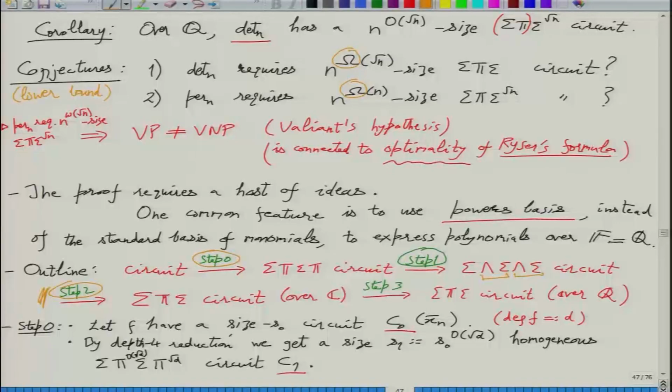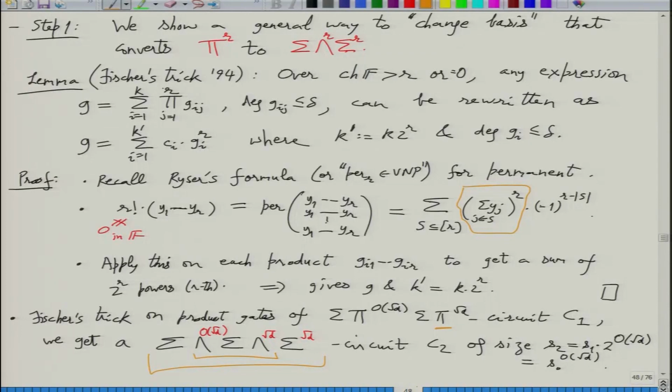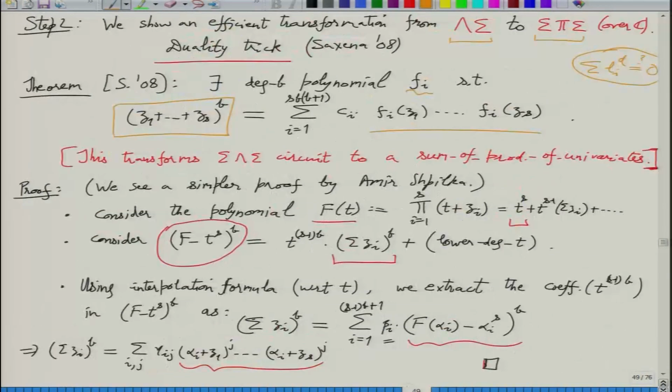Okay, so let us go slowly through this step, and then how this is used. So we want to convert R fan-in pi gate to sigma wedge sigma. So this is already done, that is clear, and it gave us this sigma wedge sigma depth 5 basically.